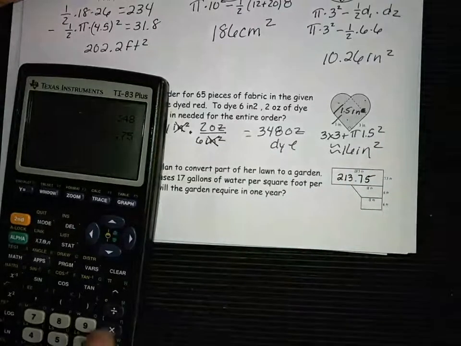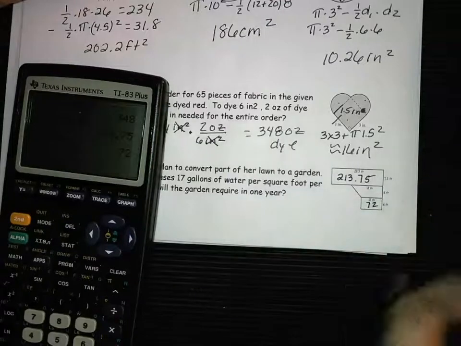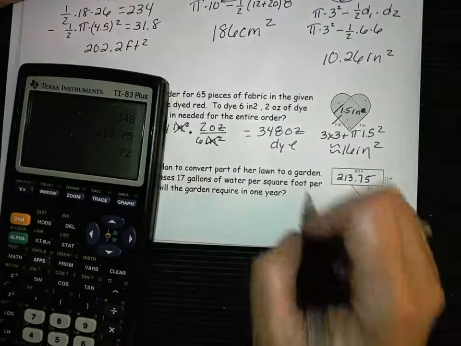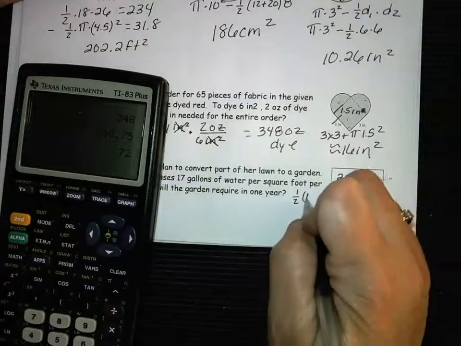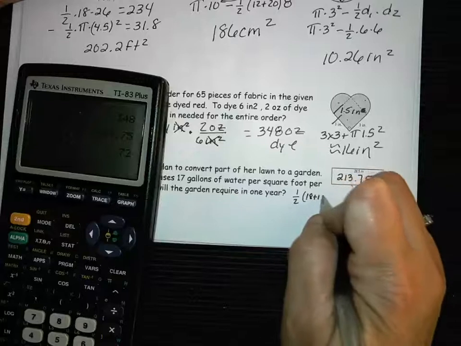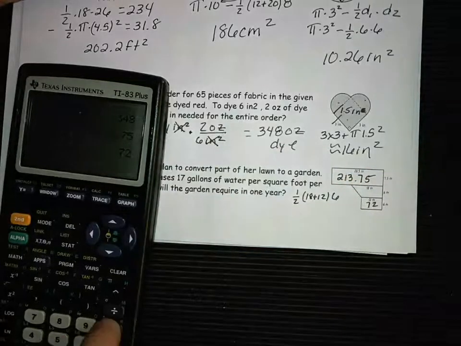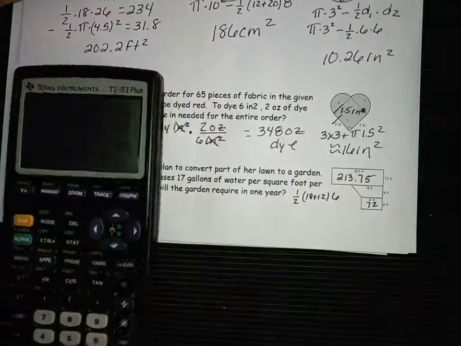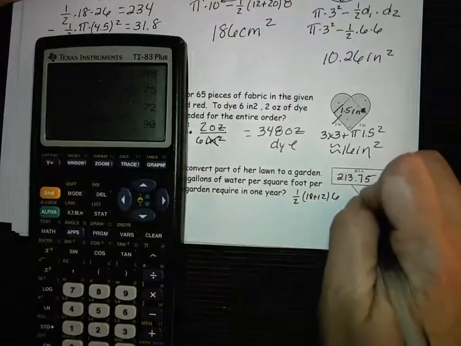The bottom one, 12 times 6, which is 72. And this one in the middle is a trapezoid. So we will have 1/2 times (base 1 plus base 2) times the height. Make sure you put your parentheses around there. And that one is 90.